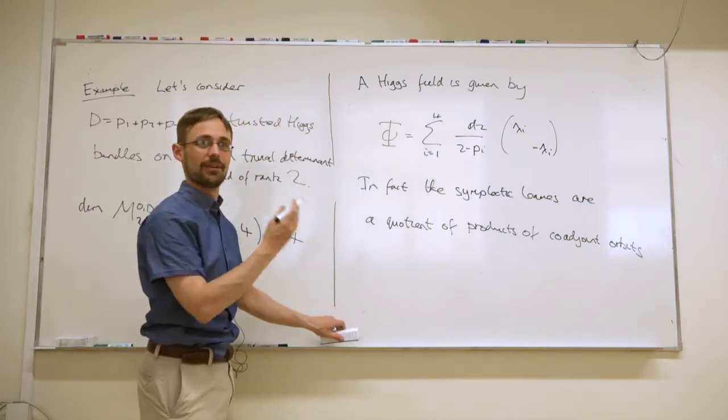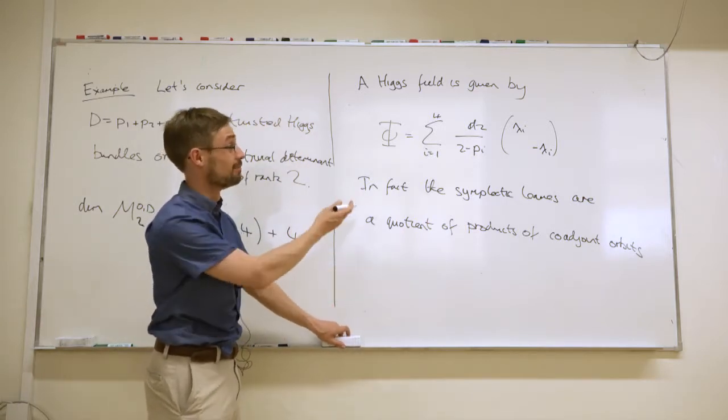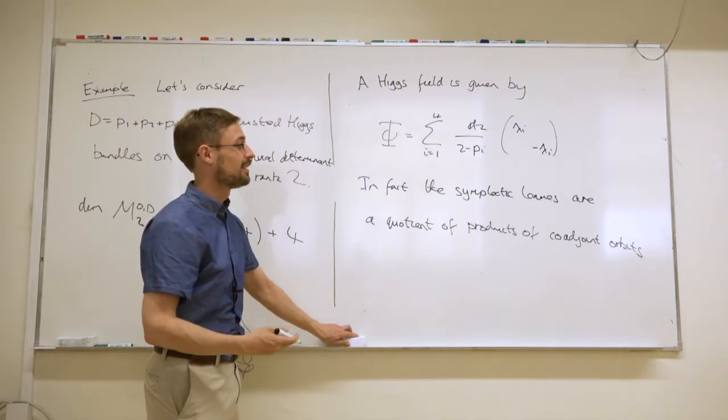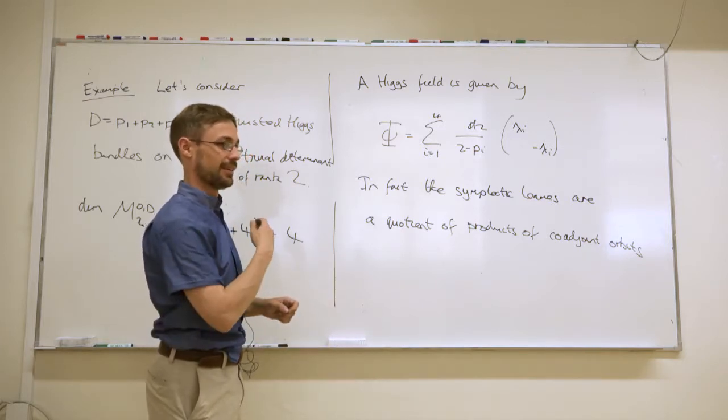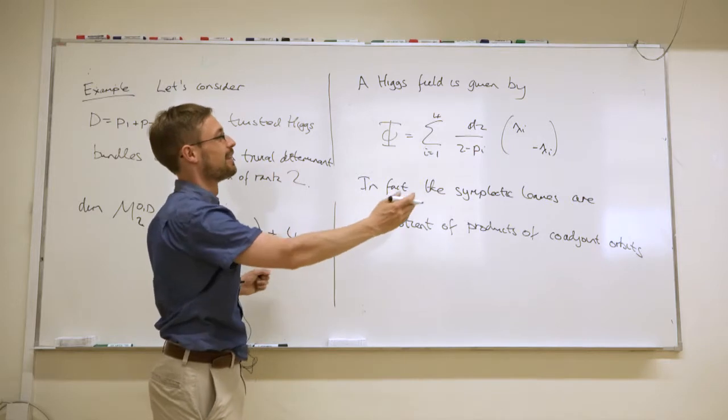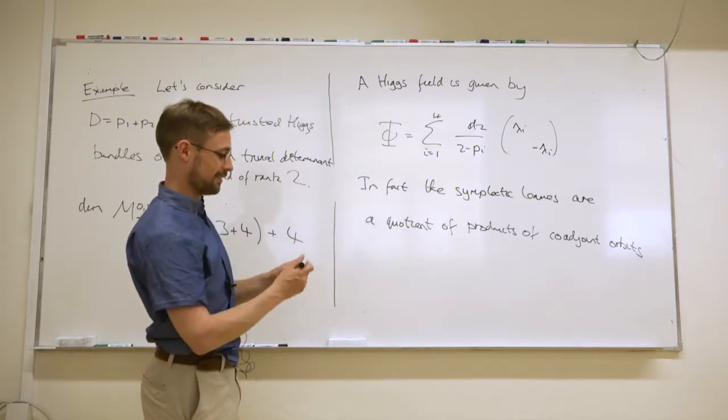So in this particular example on P1 with 4 points, there is not enough space for anything more interesting to happen.